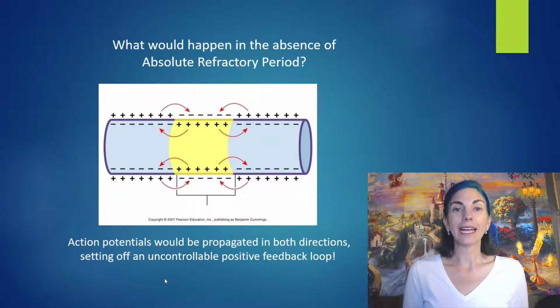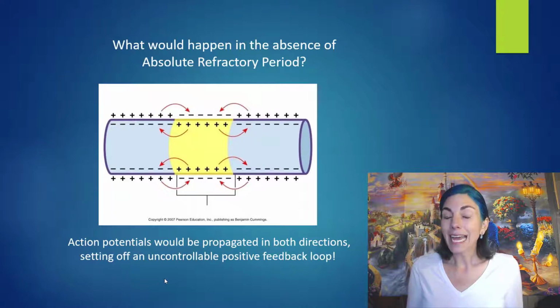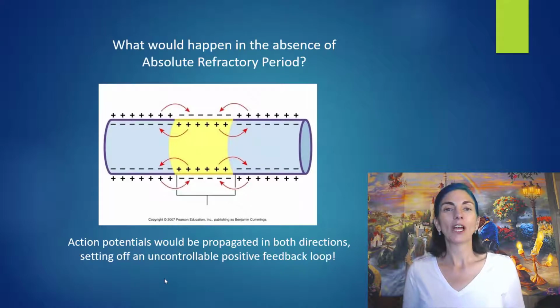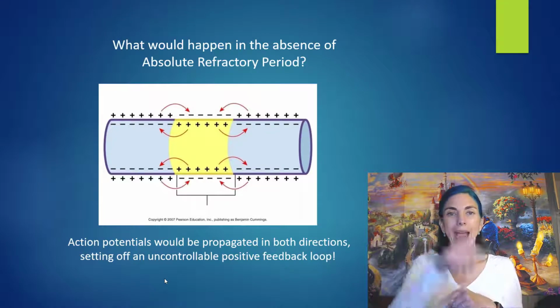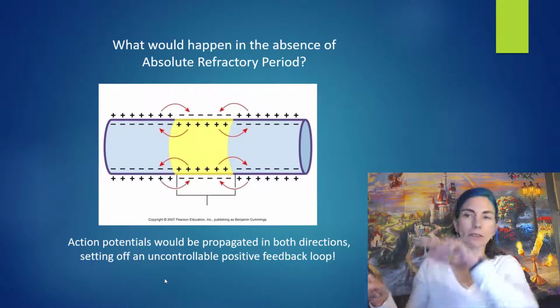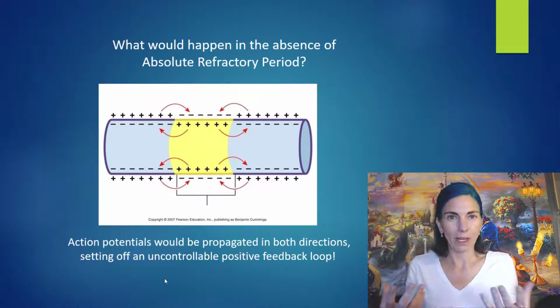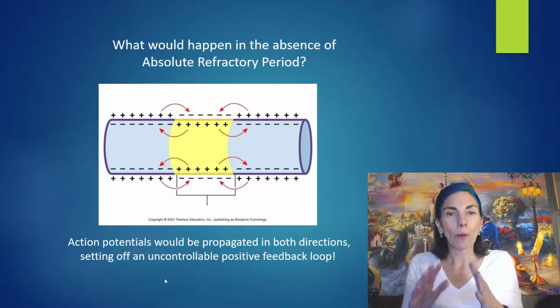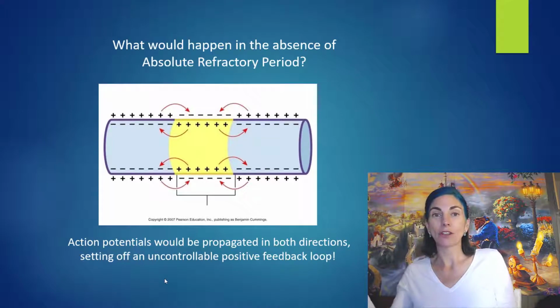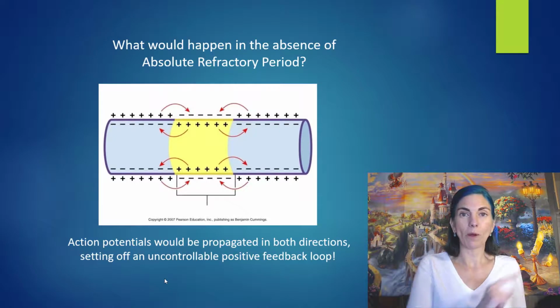And then I'm going to reiterate that again, if we didn't have absolute refractory periods, we would end up with this never-ending loop going backwards and forwards of action potentials, causing action potentials, etc. And there would be no point to any of this. The entire point of the action potentials is to ensure that electricity was going one way.